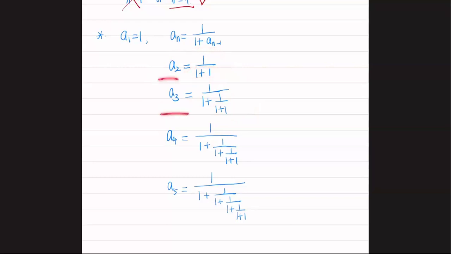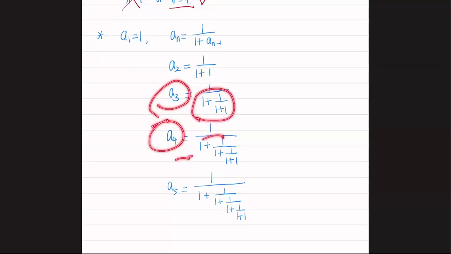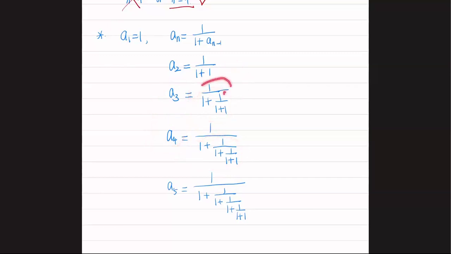Now, Sophia, A3, A4, which one is bigger? Let's compare the denominator, which one is bigger? Denominator, compare these two. This time this is bigger, then this will be smaller.